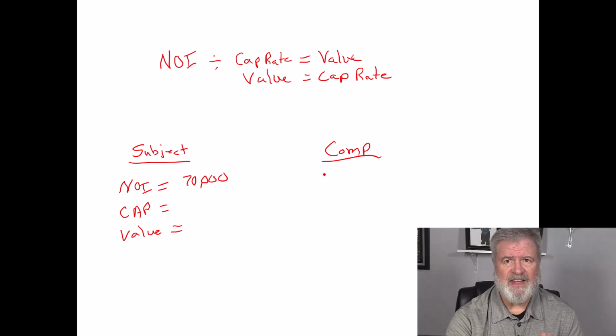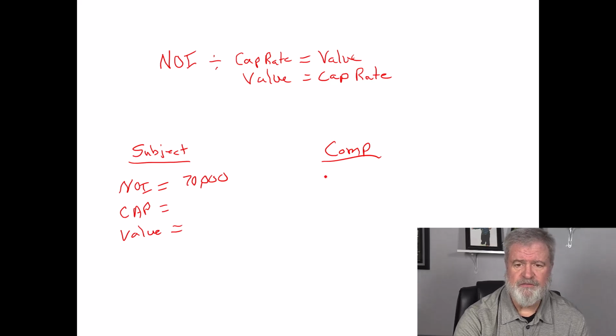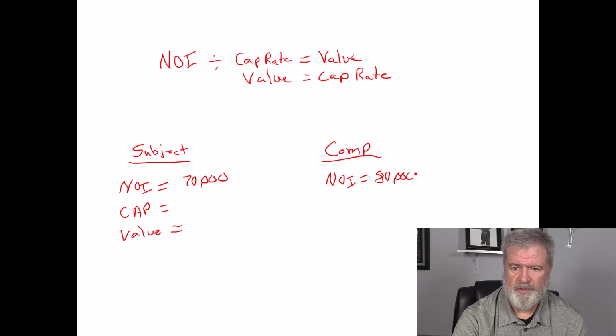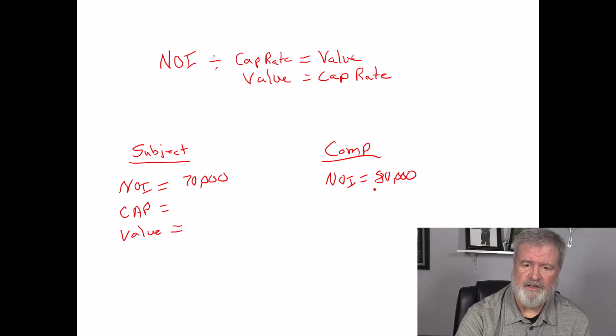But I'm trying to find the cap rate. What's the first thing I need to know about this income producing property? The income, the net operating income. Let's just say it was $80,000. Again, that's the annual income.